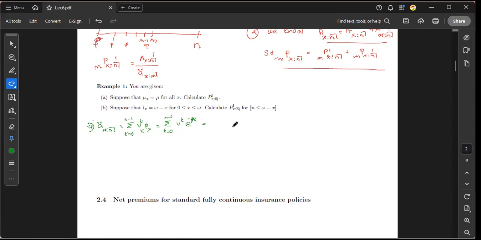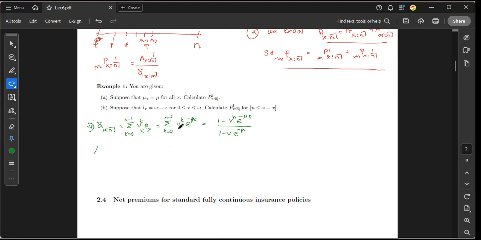The summation of this kind of finite series is 1 minus v^n e^(μn) over 1 minus v e^μ. So this is the term we get for this finite sum.